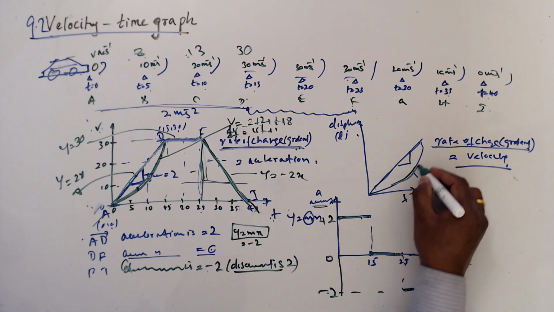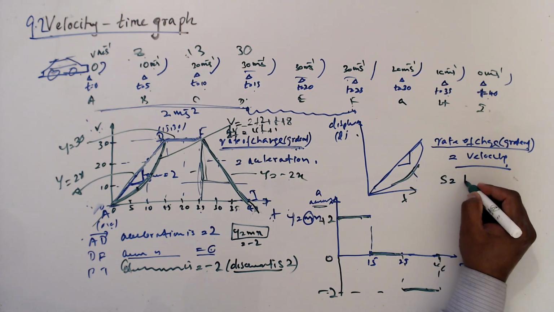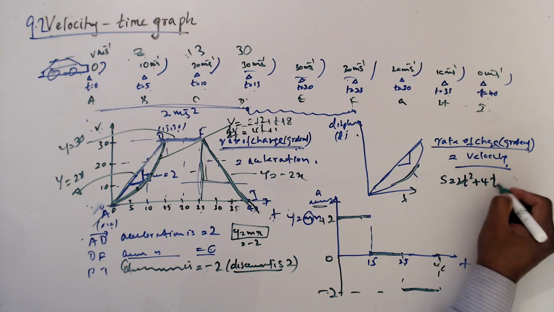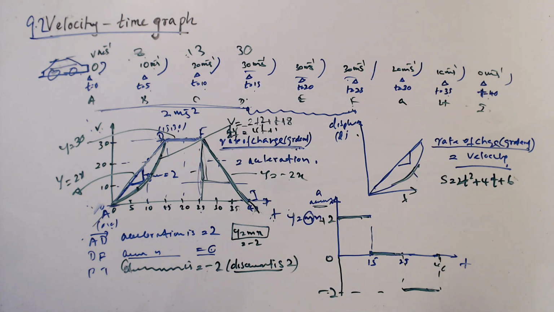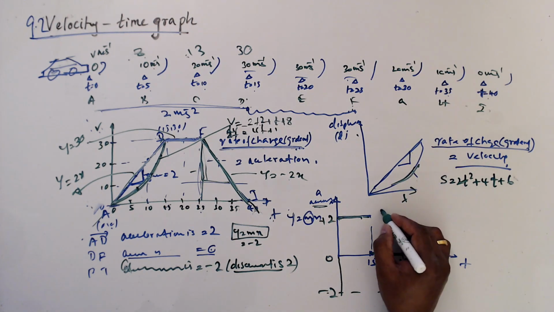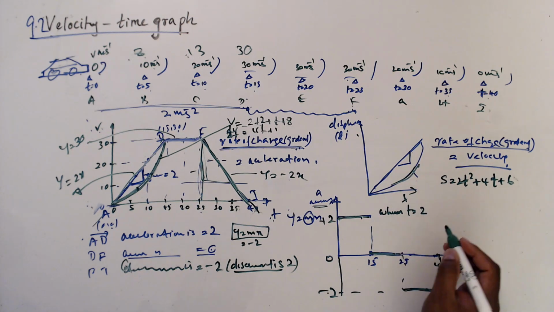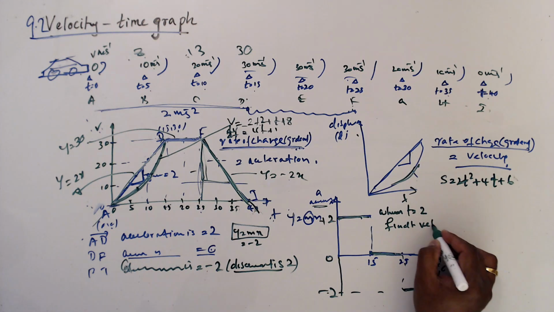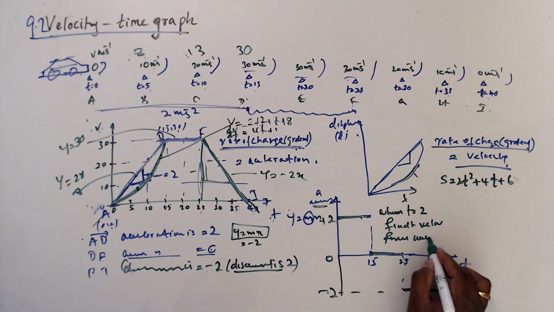For example, they will give s equal 2t square plus 4t plus 6. Now the question is, when t equal to a given value, find the velocity and find the acceleration.